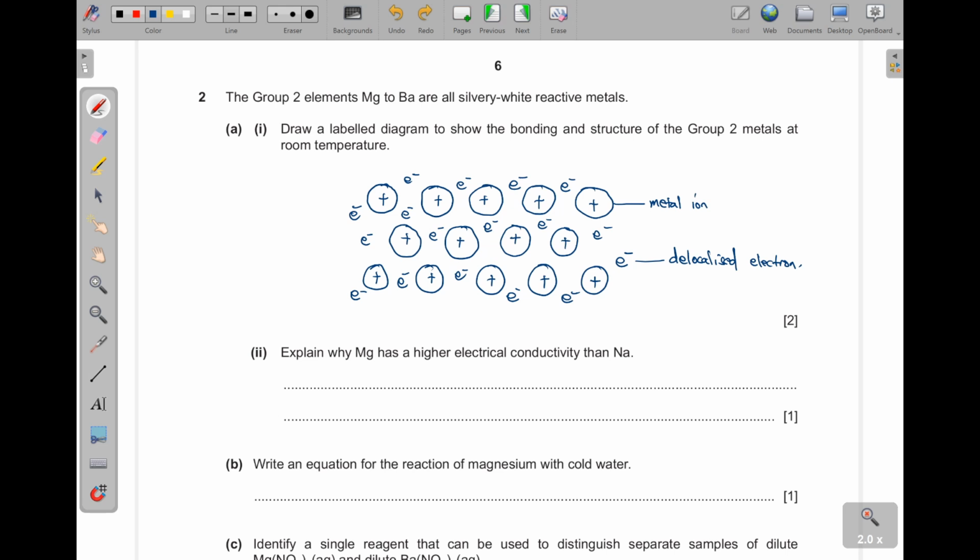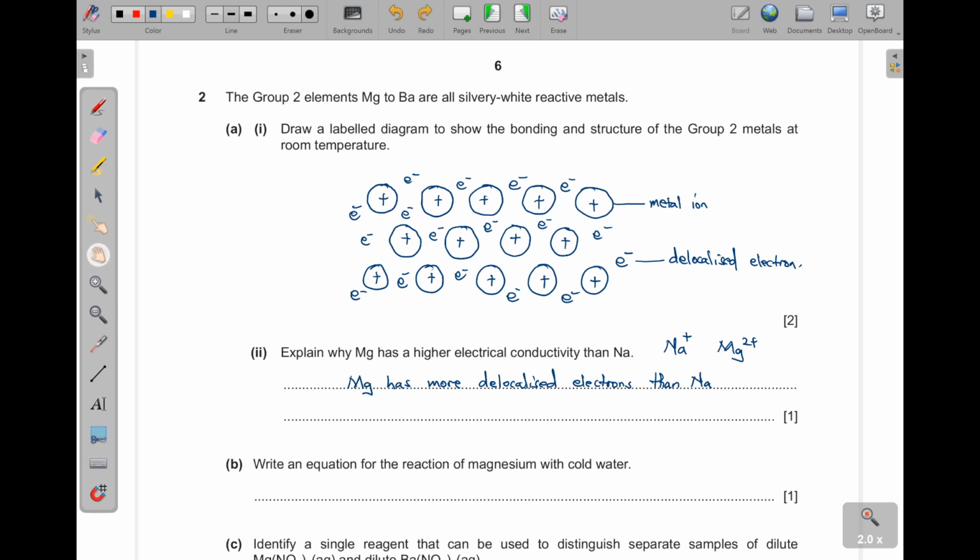So magnesium has more delocalized electrons than sodium, because magnesium forms Mg2+, meaning it loses 2 electrons, and sodium forms Na+, which is in group 1, so it has lost 1 electron, yet this one has 2 electrons.